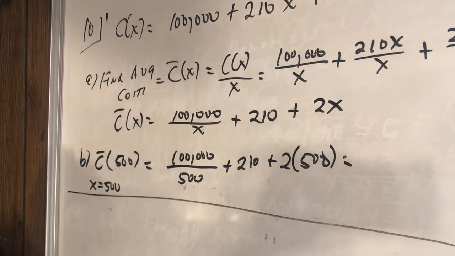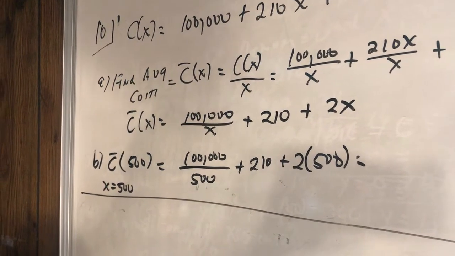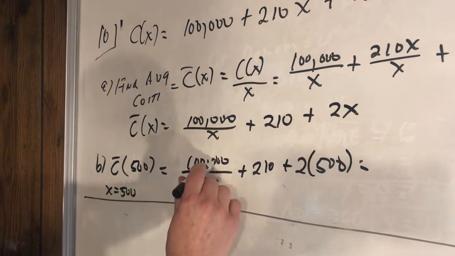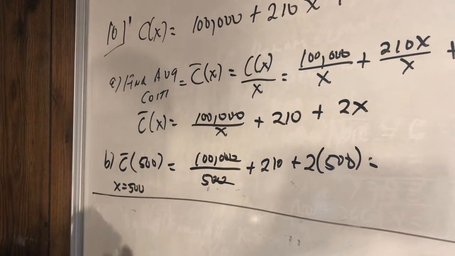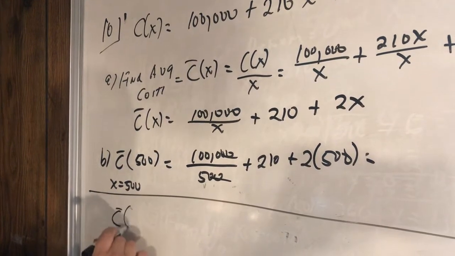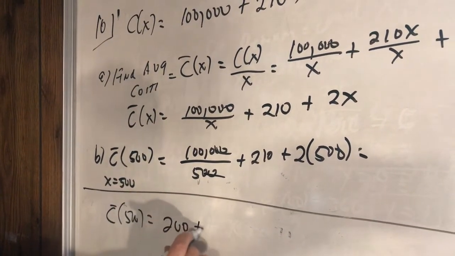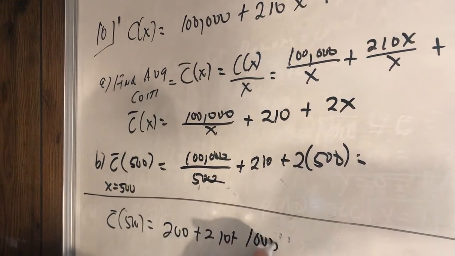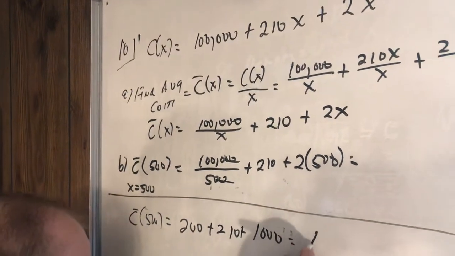All right. So let's see what we get here. 500. So that's going to go into, that's going to be 200. 200 plus 210 plus 1,000 equals 1410.